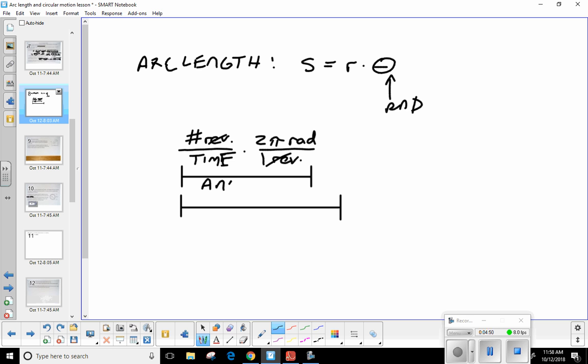So while this is angular, and we use that Greek letter omega, looks like a curvy W, to represent that, there's one thing I can do to angular velocity, and I will immediately have linear. All you have to do is multiply by the radius. So if I take what I have here, multiply by the radius, it's now the linear.